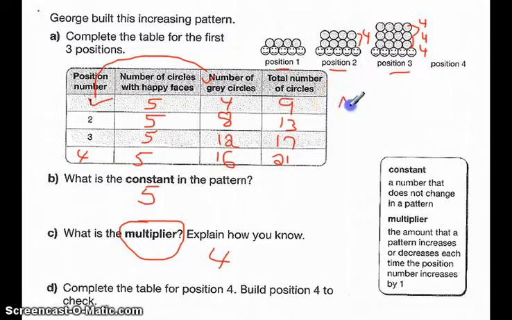I would say the number of tiles equals my multiplier, which is how many it increases, 4, multiplied by my position number, P, plus my constant, which is 5. If I wanted position 10, I would just plug in 10 for P. 4 times 10 gives me 40, plus 5 gives me 45 in position 10.